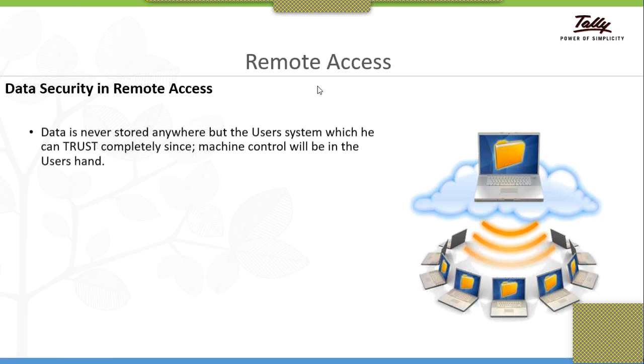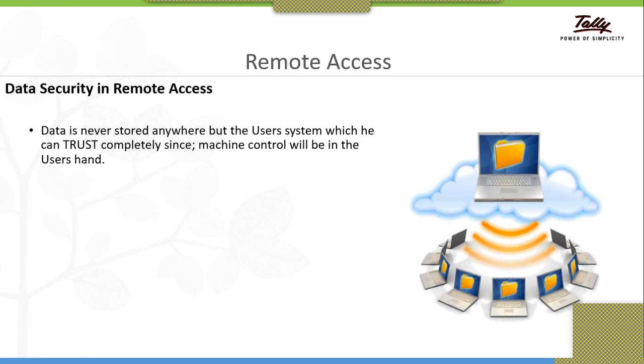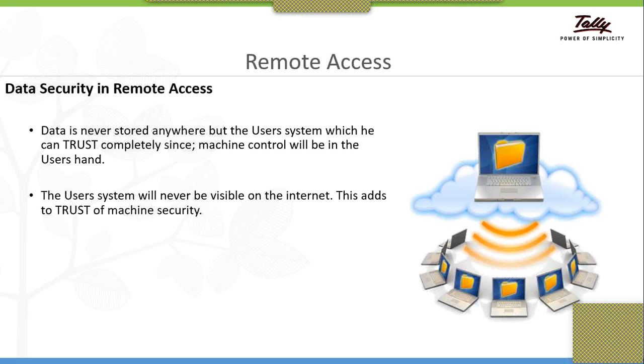Data is never stored anywhere but the user's system, which he can trust completely, since machine control will be in the user's hand. In remote access, data will not be stored anywhere, hence it is called trusted remote access. The user's system will never be visible on the internet. This adds to the trust of machine security.